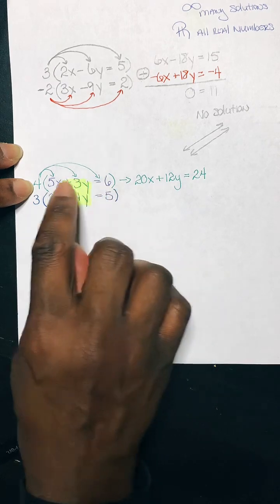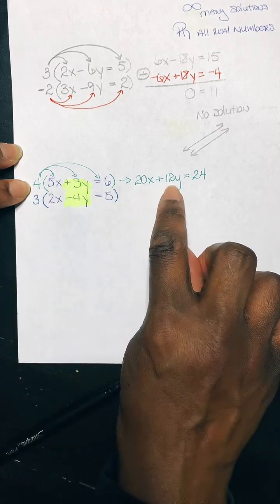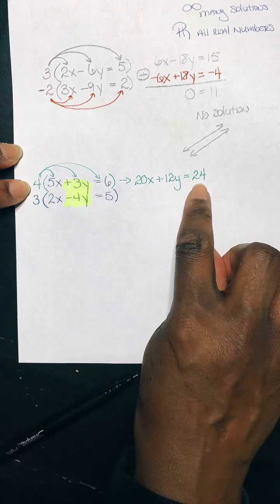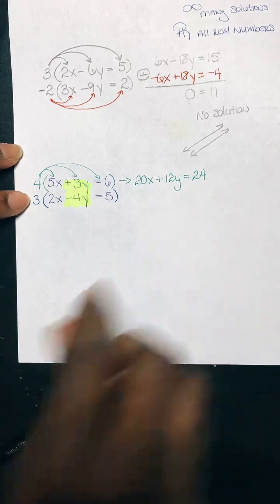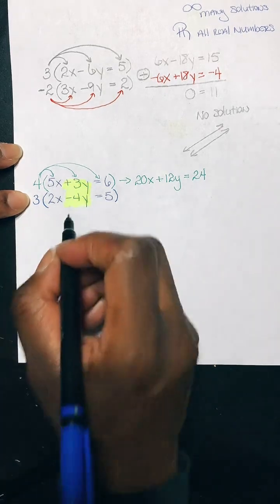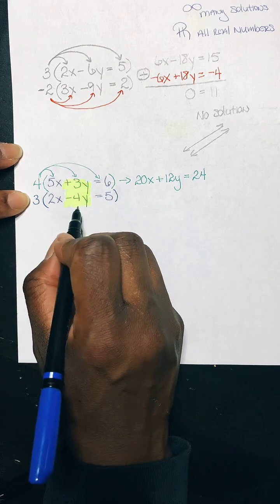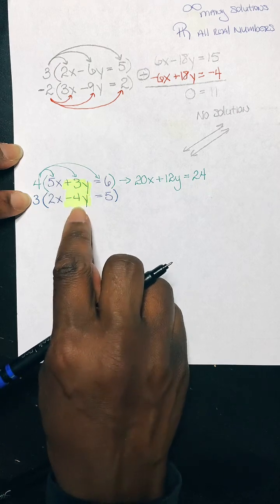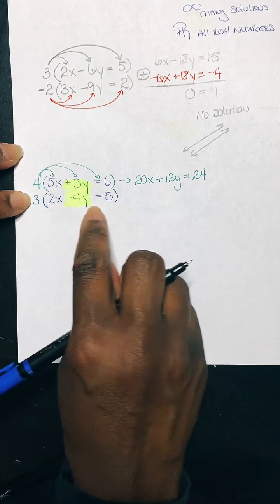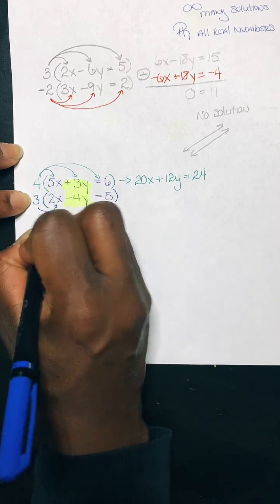So I get 20x plus 12y equals 24. Now to change this 4 into a 12, I need to multiply by 3, but again I have to multiply the whole equation, so I'm going to distribute the 3.